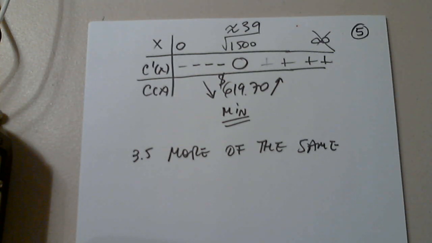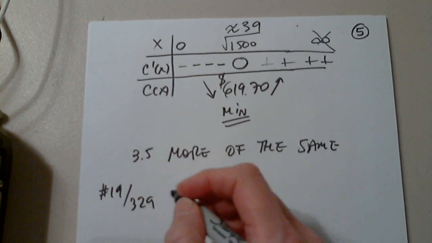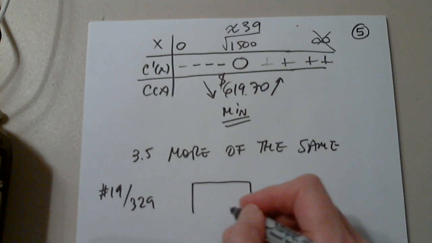I let you choose or I will. Can we do a maximizing volume? Yes. You want to do 19? Sure. From a thin piece of cardboard, 20 by 20. So we want to look at 19. And this is on page 329. So it's a 20 by 20.